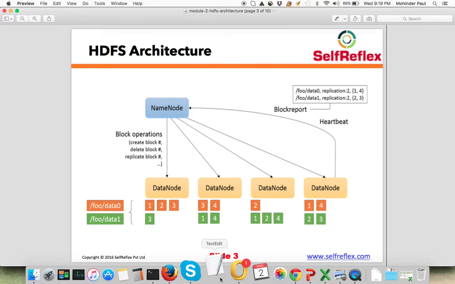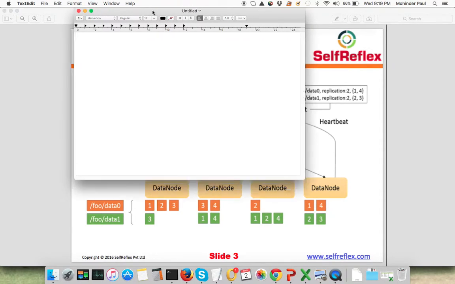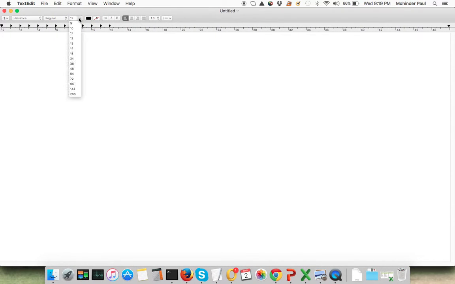So let me actually document it down. Let me open my notepad. Basically, when you talk about HDFS, you first talk about block size, and then you talk about replication factor.